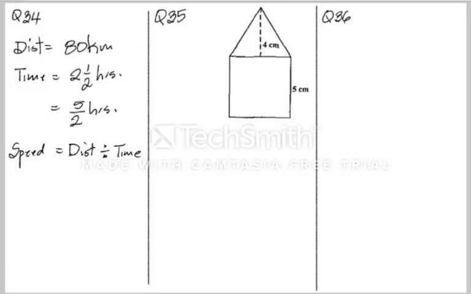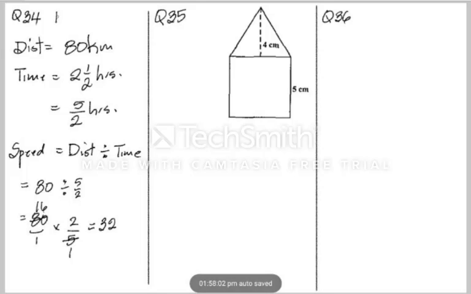So the speed would be equal to distance, which is 80, divided by time, which is 5 over 2. So this is 80 over 1 times 2 over 5. The answer is 32 because 5 goes into 80 16 times. So the answer is 32 kilometers per hour. The answer for 34 is B.